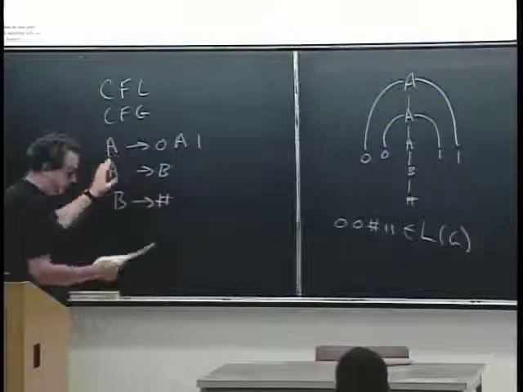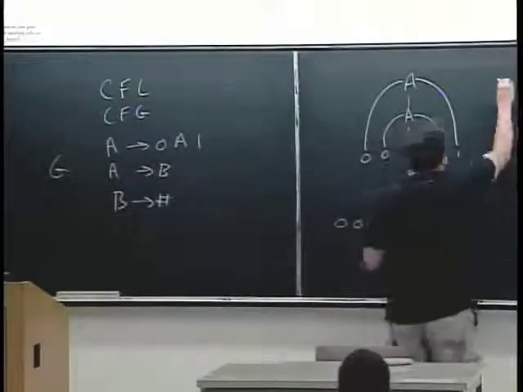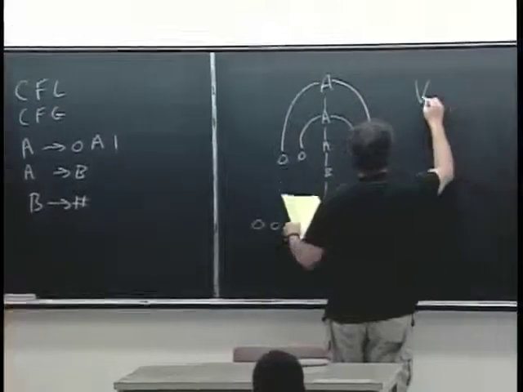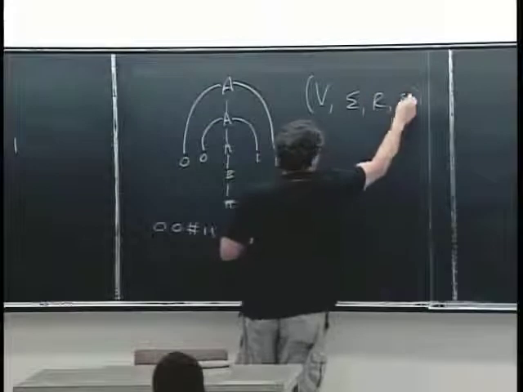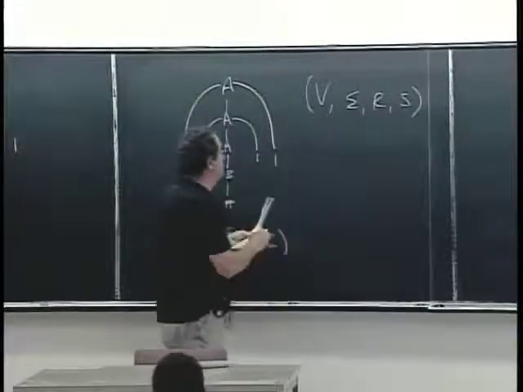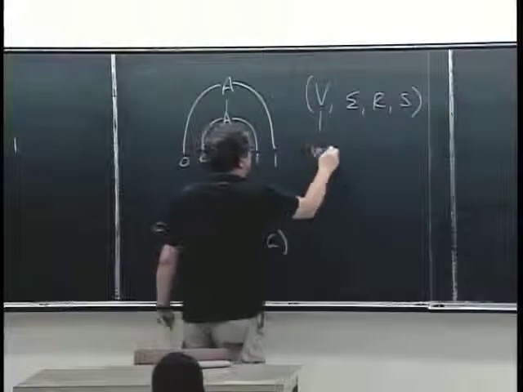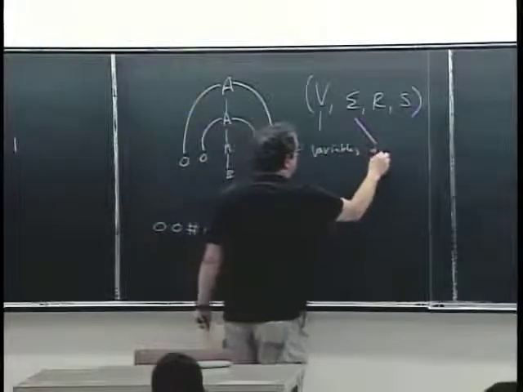So a context-free grammar, well, then I put up a general description of what a grammar consists of. It's this four-tuple where this is the set of variables. This is the terminal alphabet.